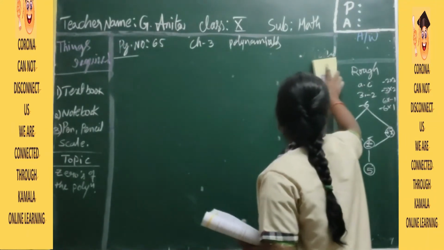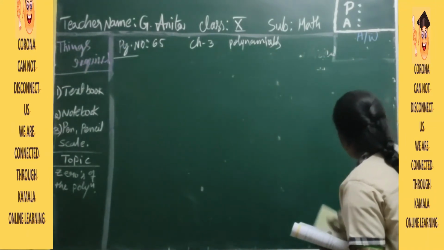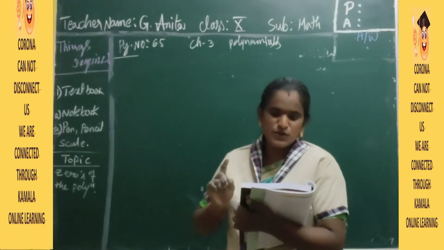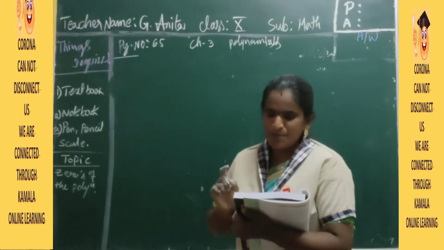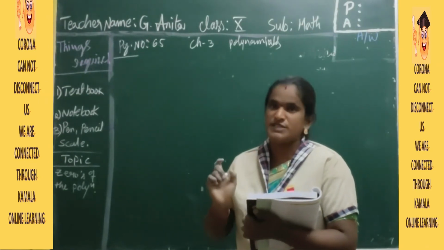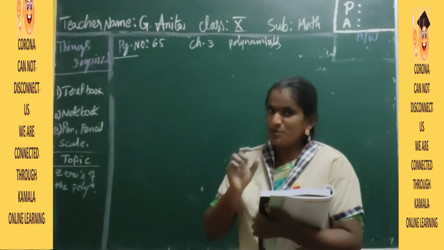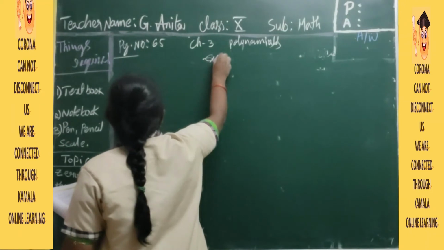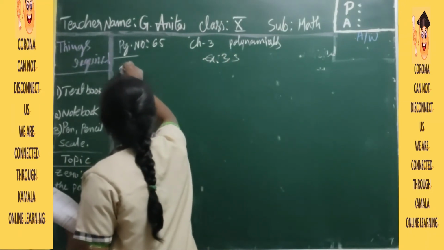Okay, children. Now coming to exercise 3.3. First problem. Find zeros of the following quadratic polynomials and verify relationship between zeros and coefficient. Here polynomial equation is given, children. So exercise 3.3, first one.